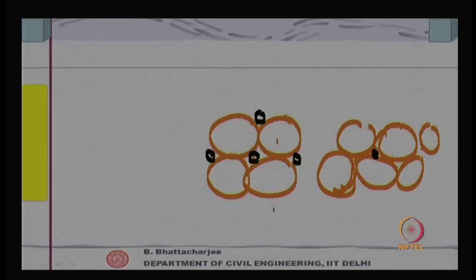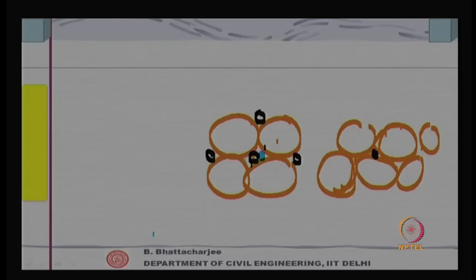With single sized particle, the amount of void reduction that is possible is limited. You can't reduce the void beyond a point, it depends upon packing. Only when you have different sizes of particle, or at least two different size particle, the void content will reduce.